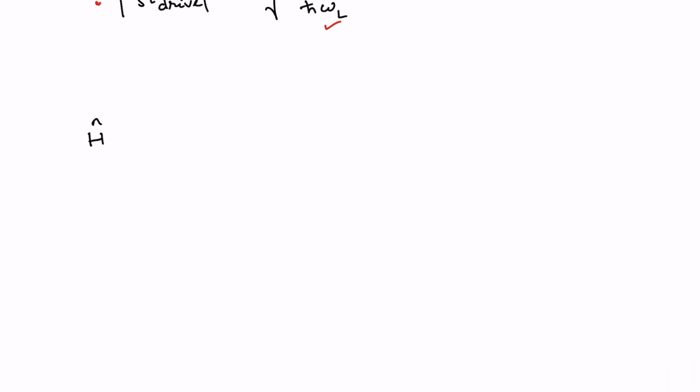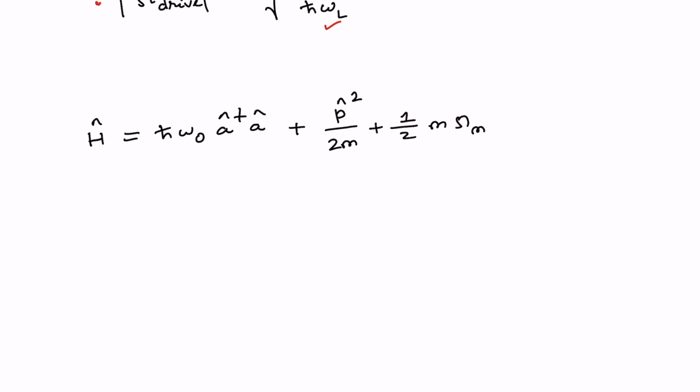So we can write H is equal to ħ ω0 a†a, that is the energy of the cavity mode. And then instead of writing it in the form of b†b, let me write it in this form: p²/2m plus ½ m ω_m² x².